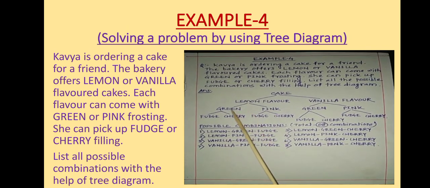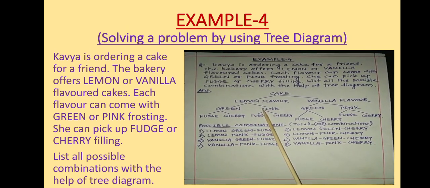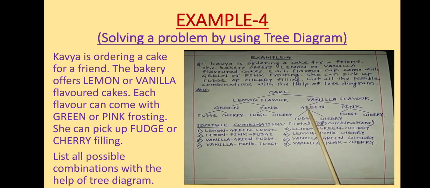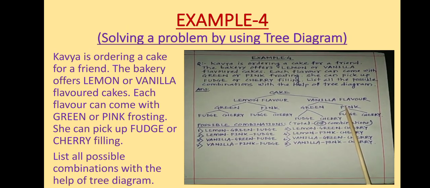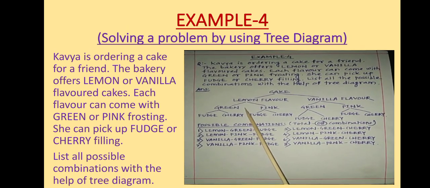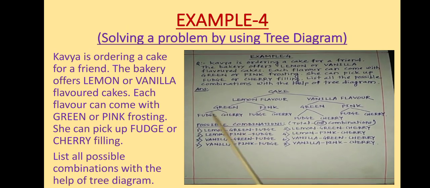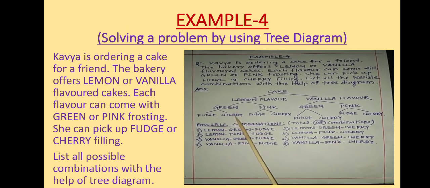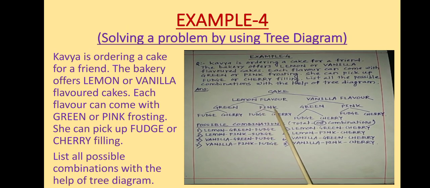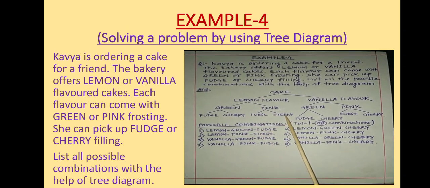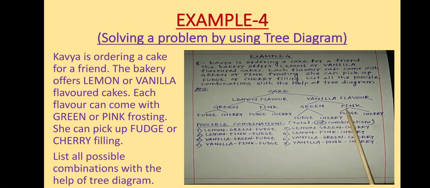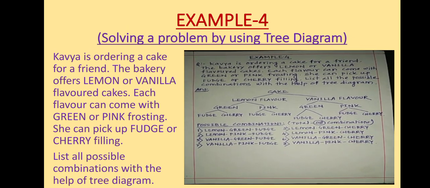Below flavors, you write down frostings, green and pink. So for each flavor, green and pink frosting is applicable. Again, for each frosting you have two filling options, fudge and cherry. So list these two filling options below each of the frosting colors.